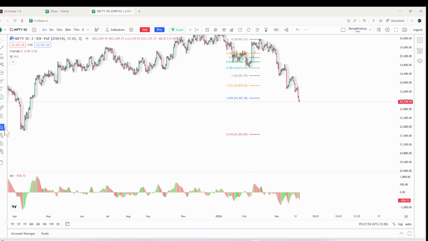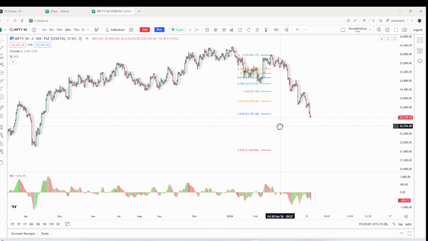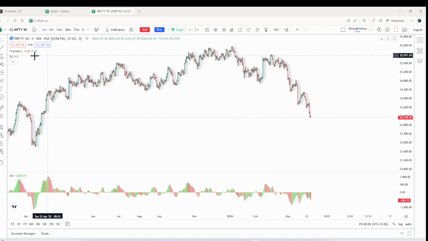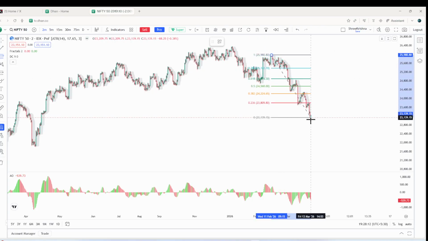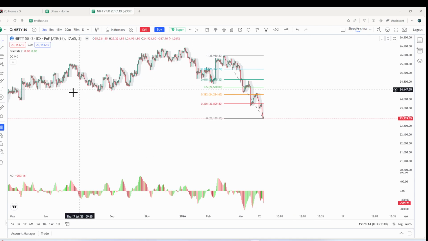So the ideal understanding will come with the people who have made this. See, when you come to point and figure, it is exactly 1.618. And when you check for the Fibonacci retracement, what is the expected Fibonacci retracement?